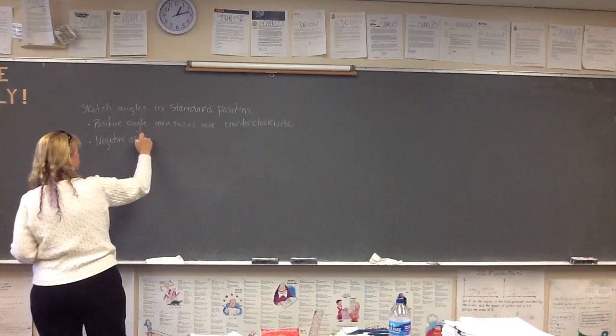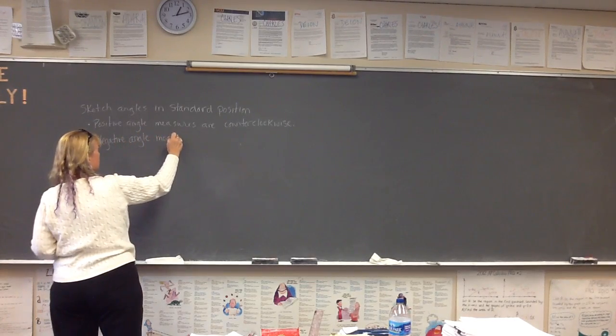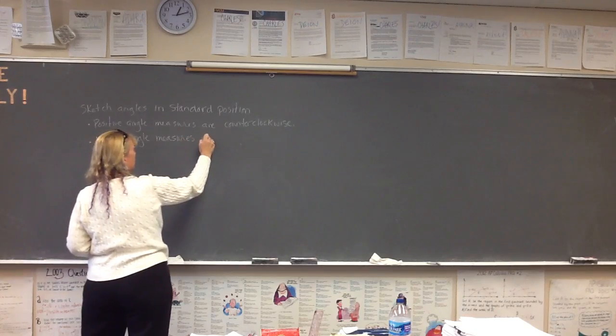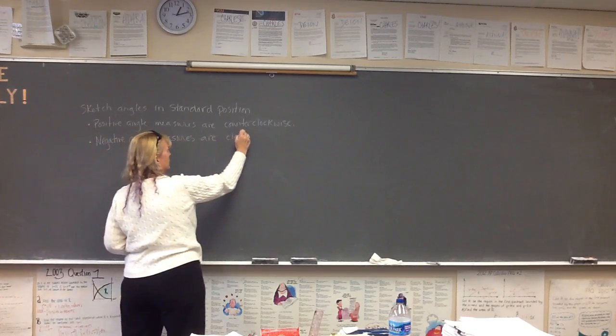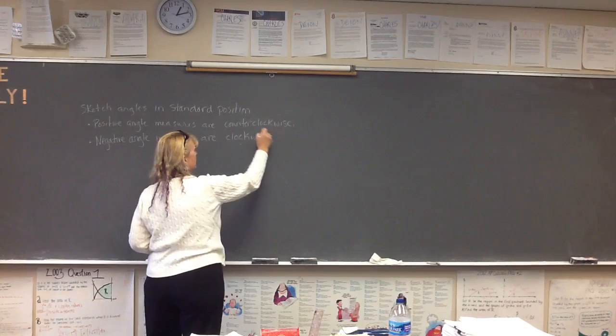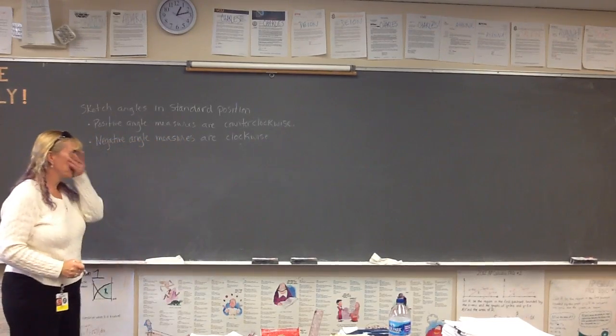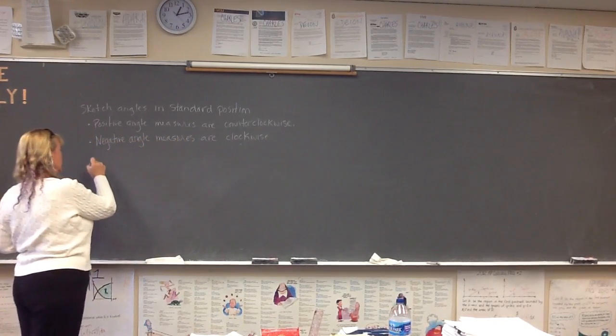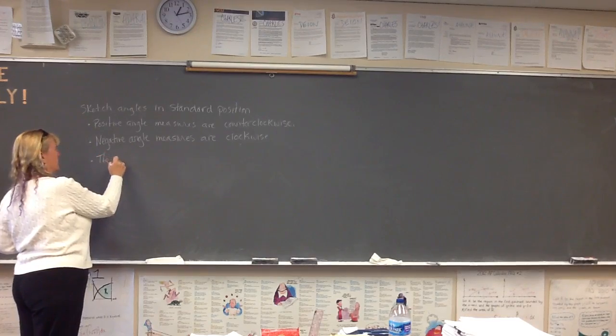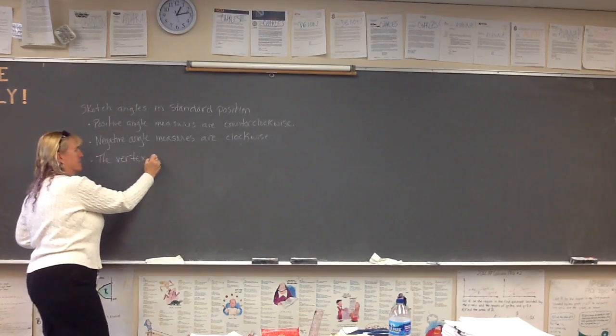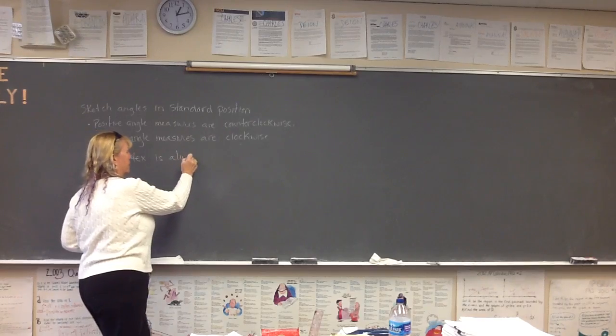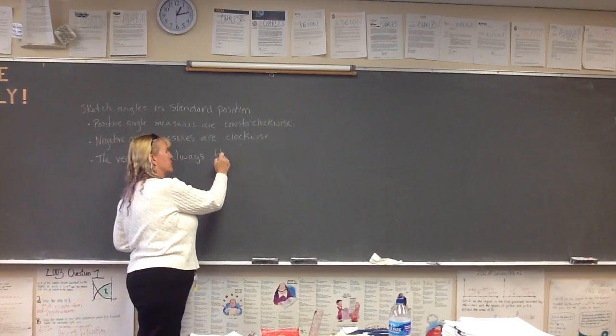Negative angle measures are, guess what? Clockwise. The vertex is always the origin.